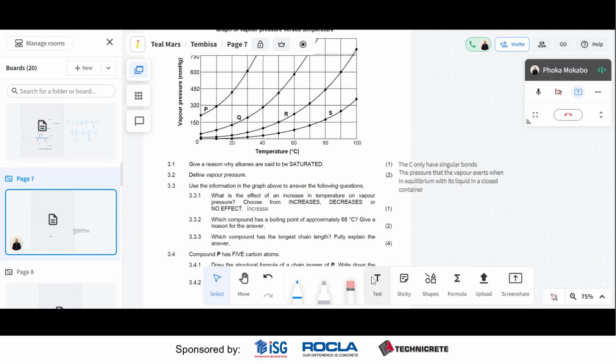Then they say which compound has a boiling point of approximately 68 degrees. Let's have a look over there. 68 degrees.